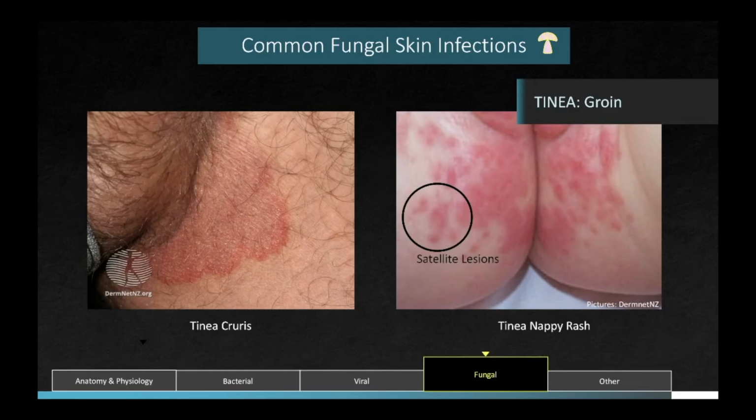There are a number of ways in which we can diagnose dermatophytic fungal skin infections. These include clinical appearance, skin scrapings which are then sent off to the lab for diagnosis, and the use of specialist light such as the Wood's ultraviolet lamp, which can cause fungal elements to fluoresce.